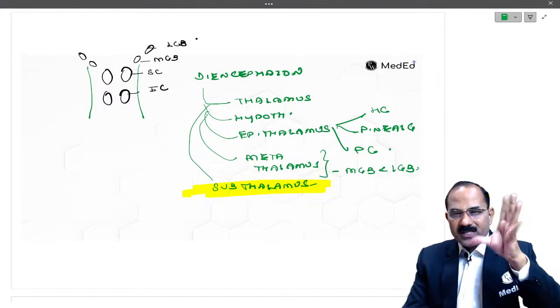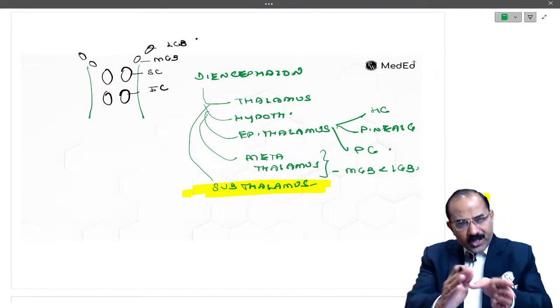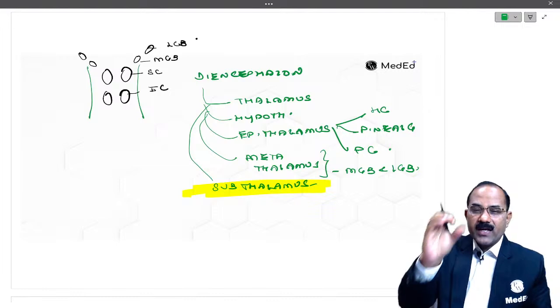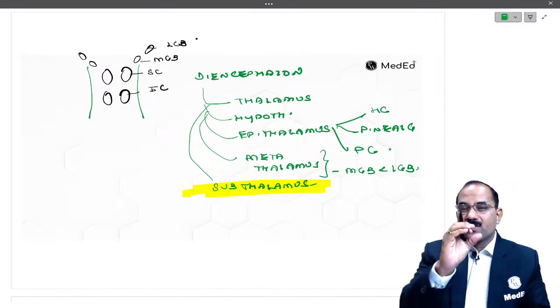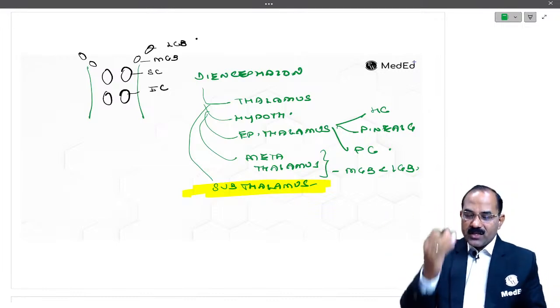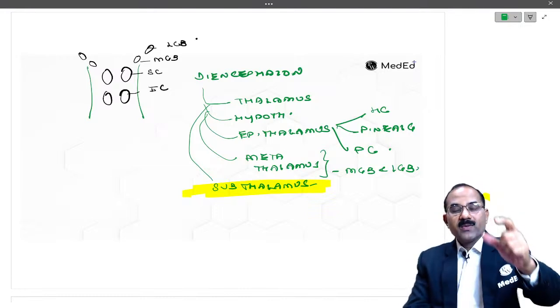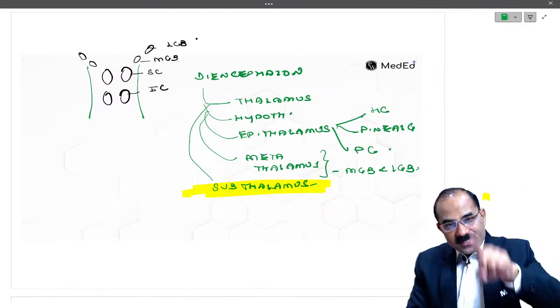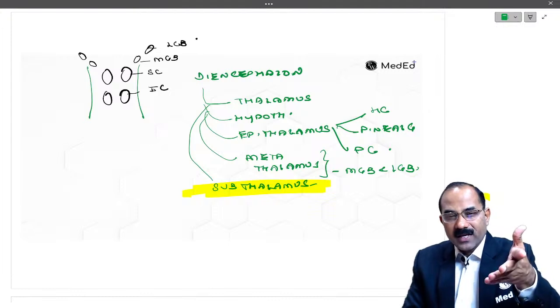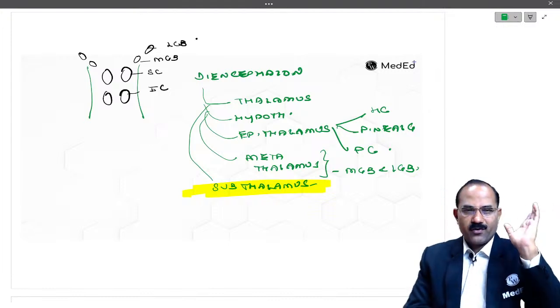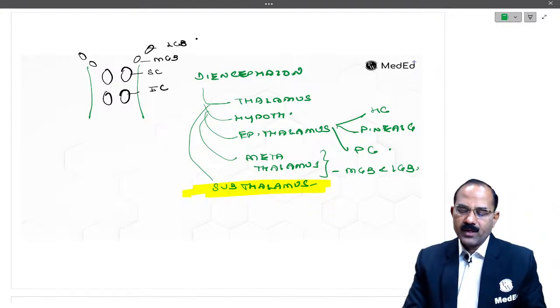What are the parts of basal ganglia? Once again, caudate nucleus and putamen, together known as striatum. Second is globus pallidus. Third is substantia nigra. And fourth is the subthalamic nucleus. So the subthalamic nucleus belongs to the basal ganglia, but actually it's a part of the diencephalon. बस ये याद रखना, ठीक है?